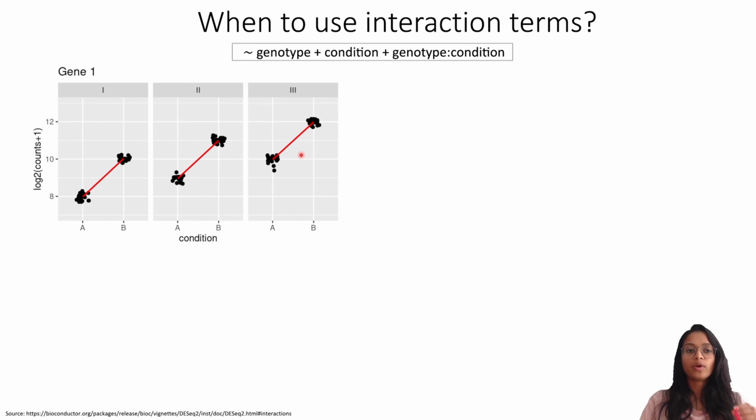The effect of going from condition A to B is consistent across all the genotypes. The increase in gene expression is about the same, close to 2 log-fold change for each genotype.